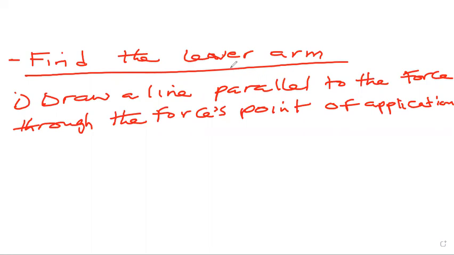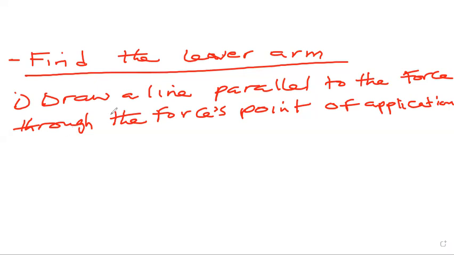We need to find our lever arm. That is what we use as our perpendicular distance there. Now we are trying to make points simple for us, so that in a case where we forget, we can just refer to these points on how to find the lever arm.